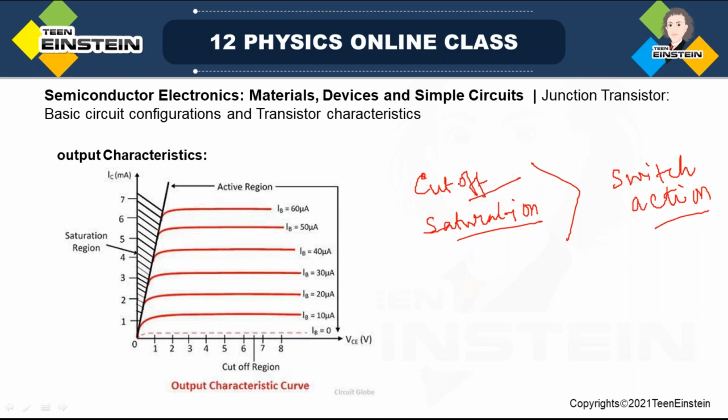You can define the off and on conditions on your own, and according to that you can use the transistor in two ways: one as a signal amplifier, and the second as a switch.